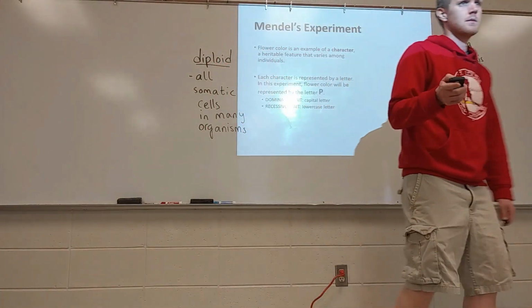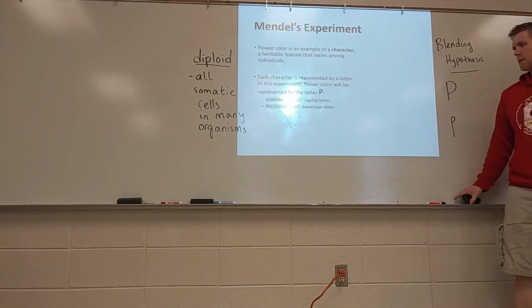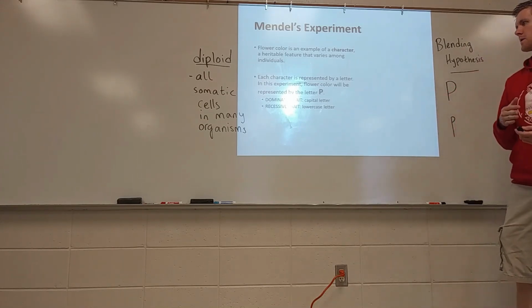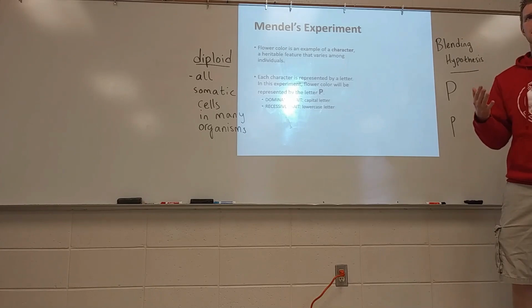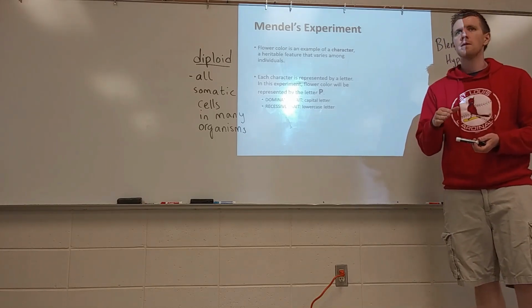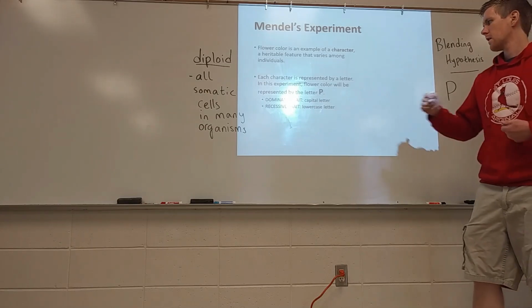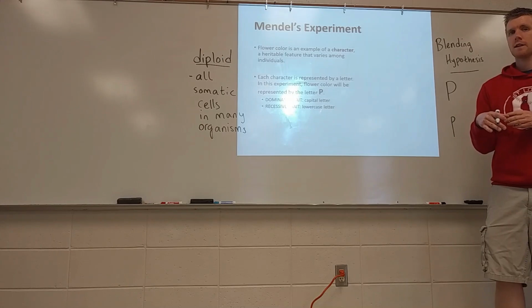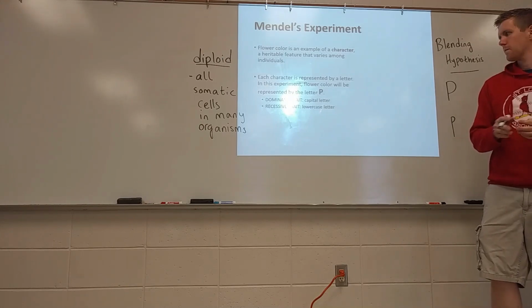In pea plants, coloration, purple or white, is called a simple dominance inheritance pattern, which means that there is a dominant version of the gene and a recessive version of the gene. If they occur together, you're going to see the dominant one.